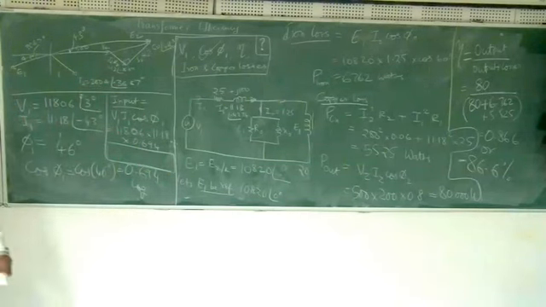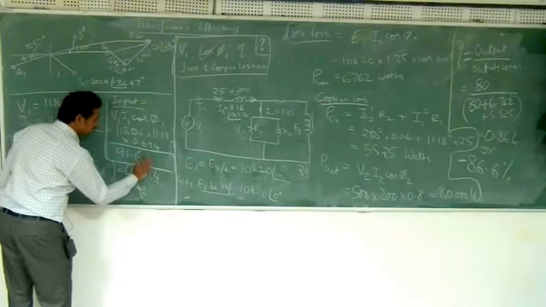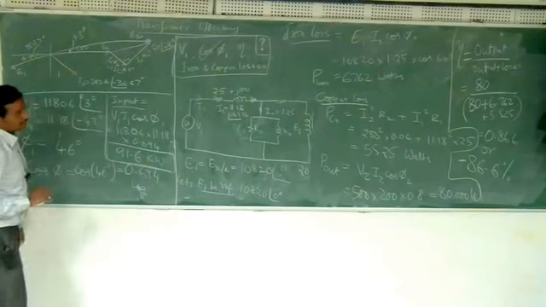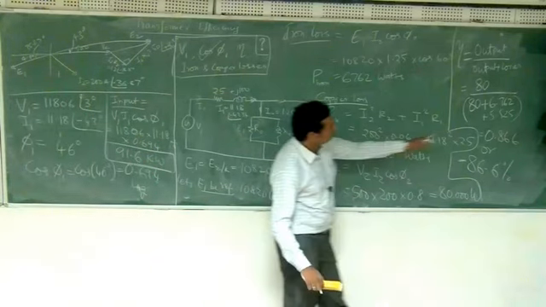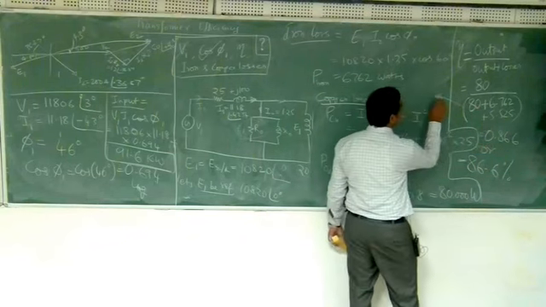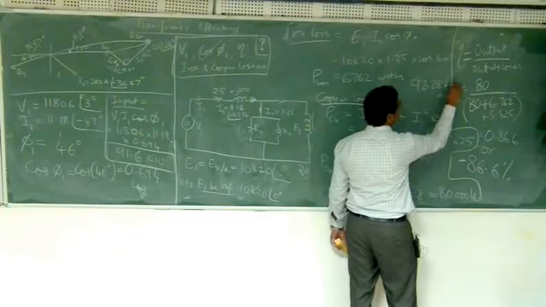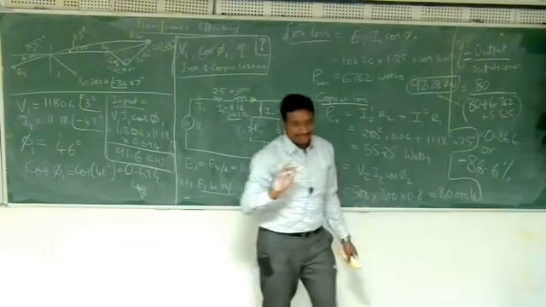How much is that? 91.6 kilowatts. How much is this denominator? 92.28 kilowatts. So they are not exactly matching.